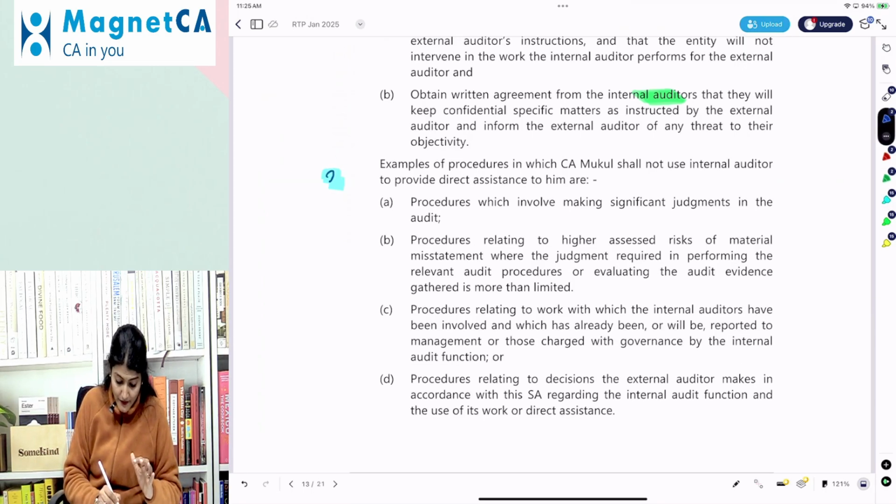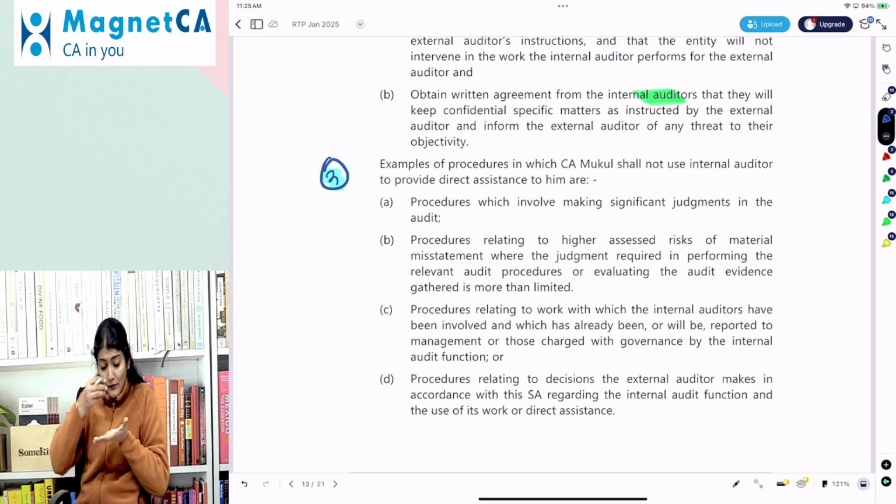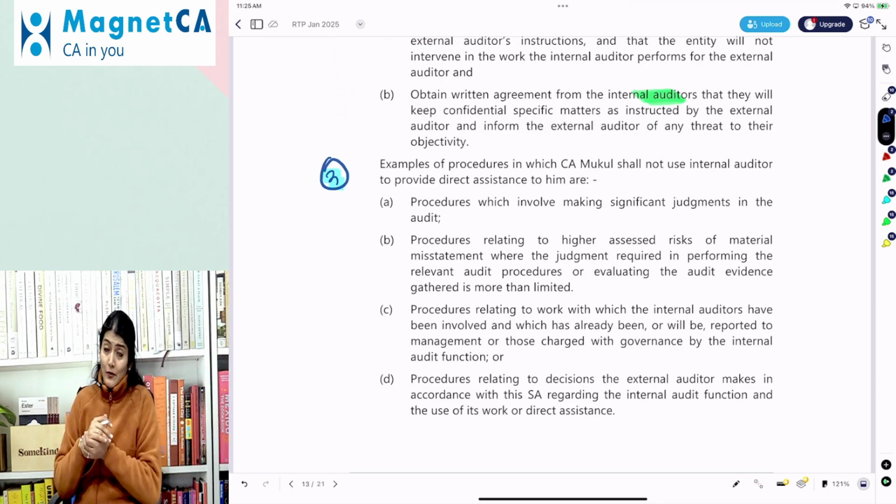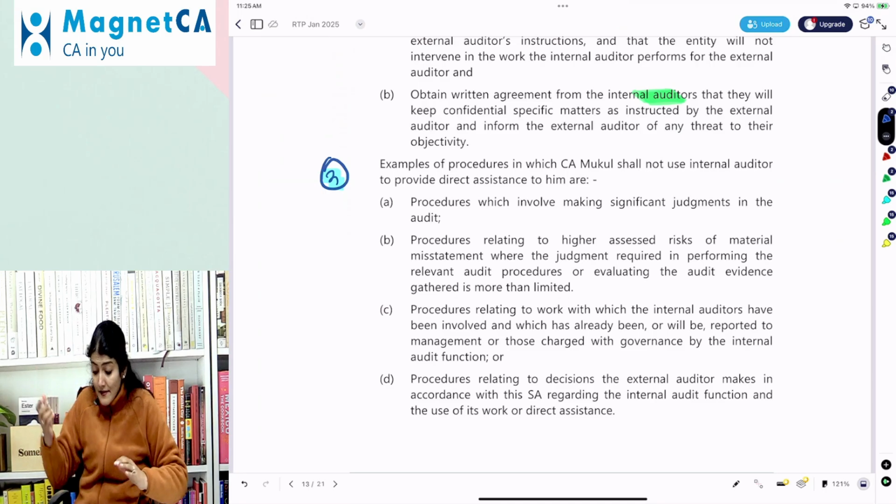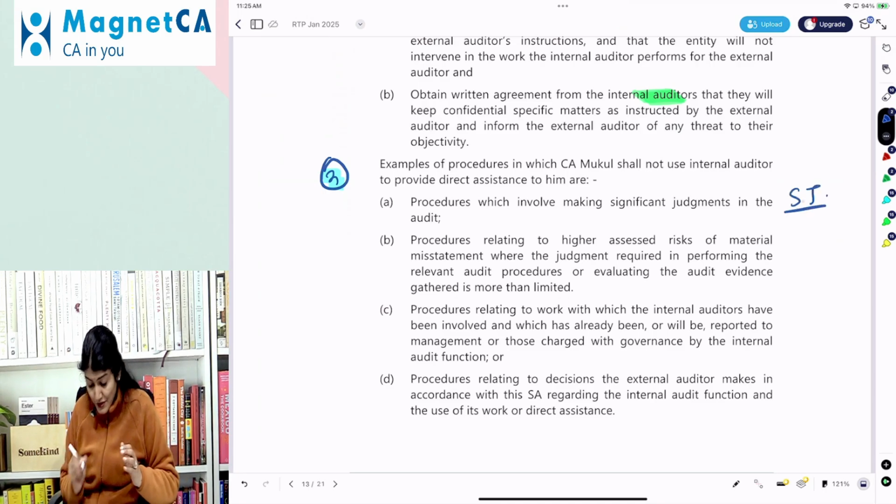And then what are the areas where the internal auditor cannot provide the direct assistance to the statutory auditor? So that's the third one. For which areas will the statutory auditor not take direct assistance from the internal auditor? One, where there is significant judgment.